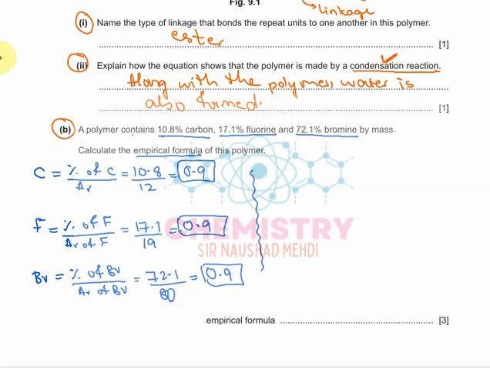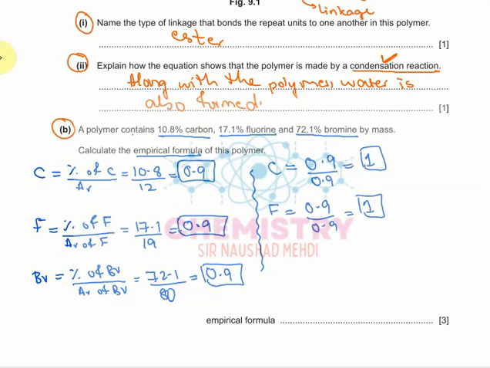In the second step, whatever the answer of carbon is coming in the first step, which is 0.9, you have to divide by the smallest answer of the first step. When you compare all the answers of step 1, all are similar, 0.9. So the smallest answer is also 0.9. Divided by the smallest value, you will be getting 1. Similarly for fluorine, 0.9 divided by the smallest value, 0.9, gives 1.